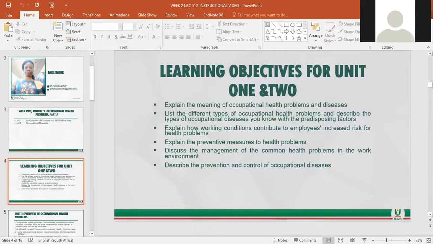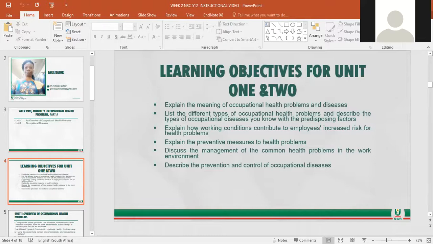In addition, the causes or the predisposing factors to occupational diseases, the conditions that contribute to employees' increased risk for health problems. What are the preventive measures?